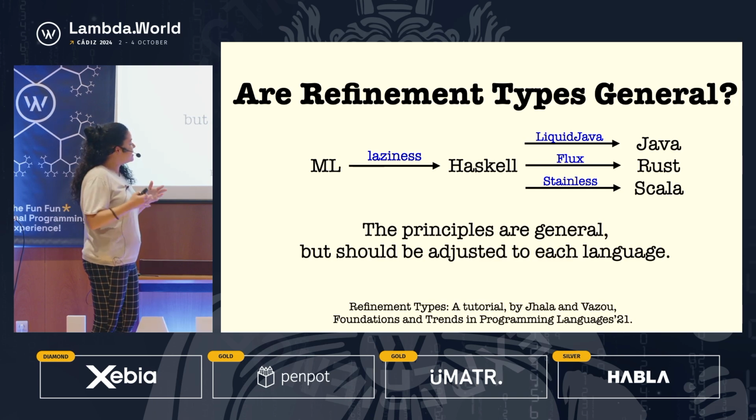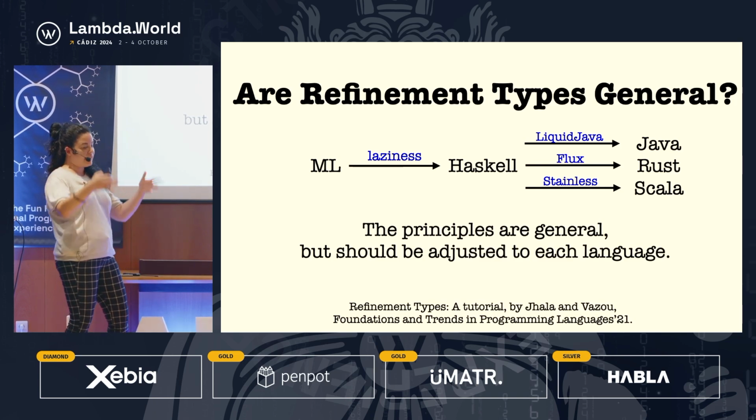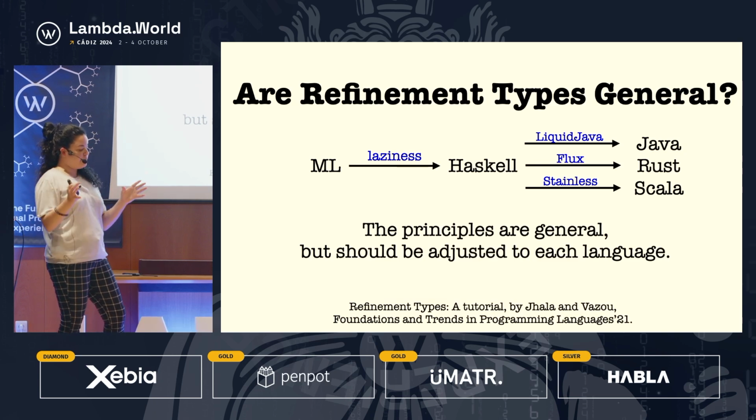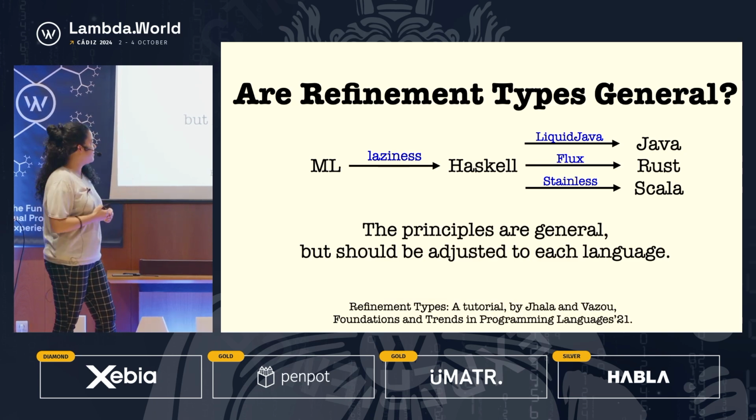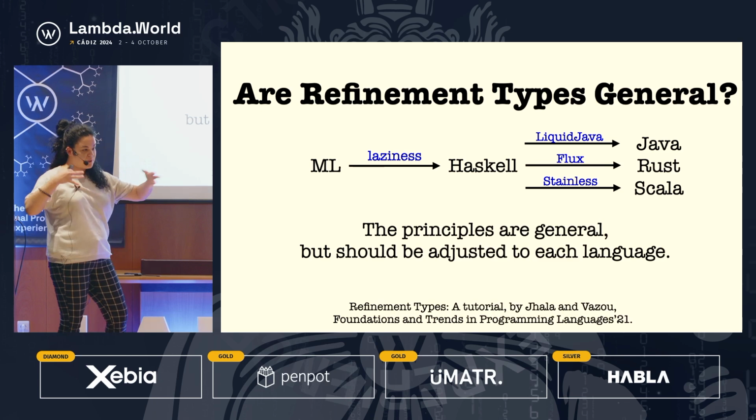And the cool thing is that the principles of developing a refinement type system for X language are general if you stay in the core of the language. But of course, every language has its own features. Haskell has laziness, Rust has all these fancy memory operations.